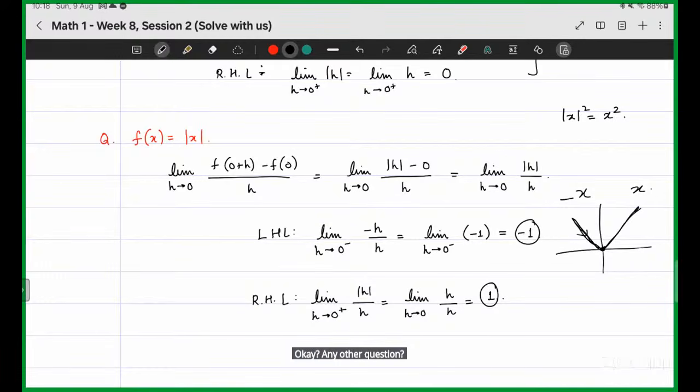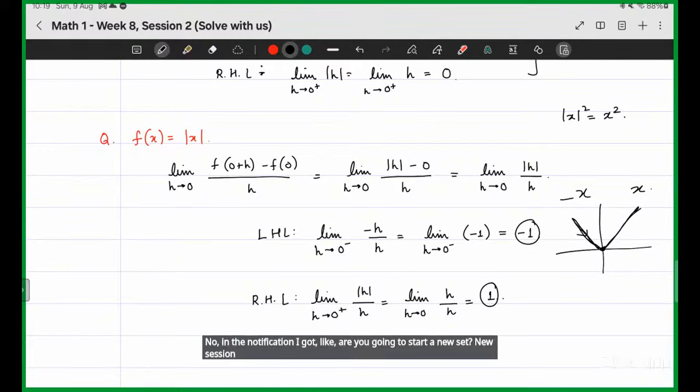Hello, sir. Should I be going for a reattempt for Mock 2? In the notification I got, it asked whether I am going to start a new session, reattempt.